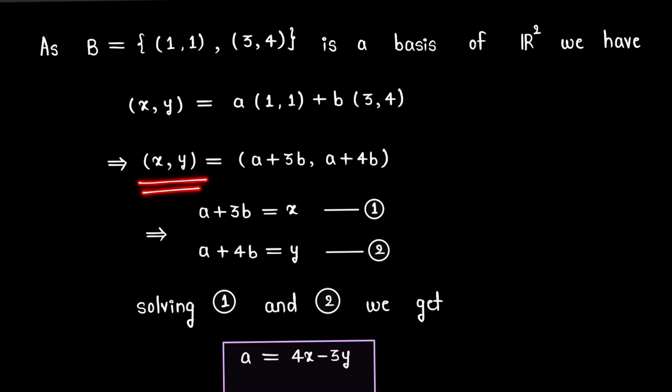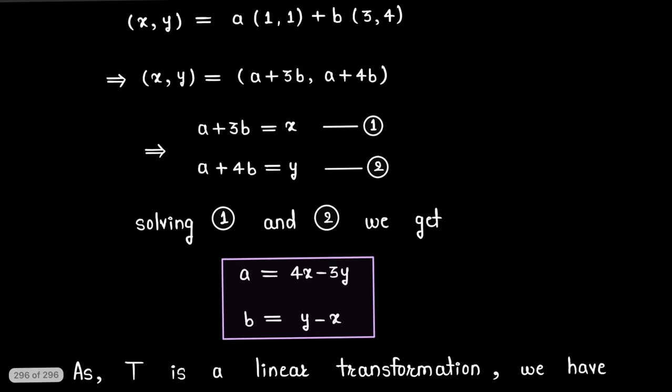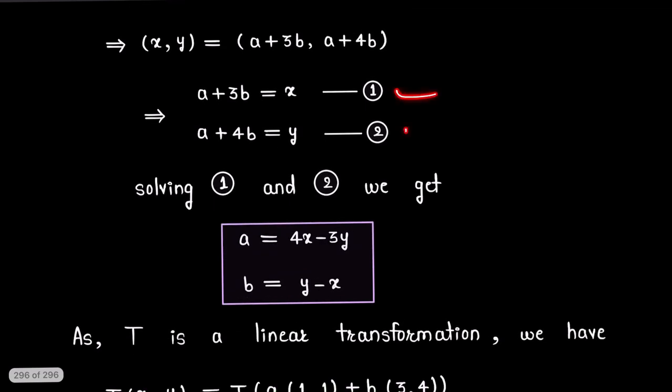Now, comparing coordinates of both the vectors, we get equation 1 as a + 3b = x and equation 2 as a + 4b = y. These are two linear equations. After solving these two equations, we get a = 4x - 3y and b = y - x.